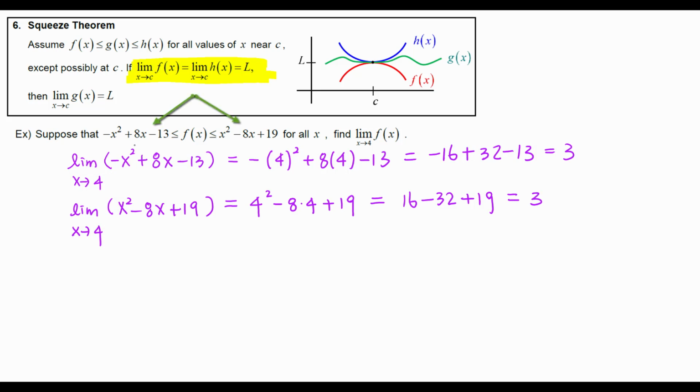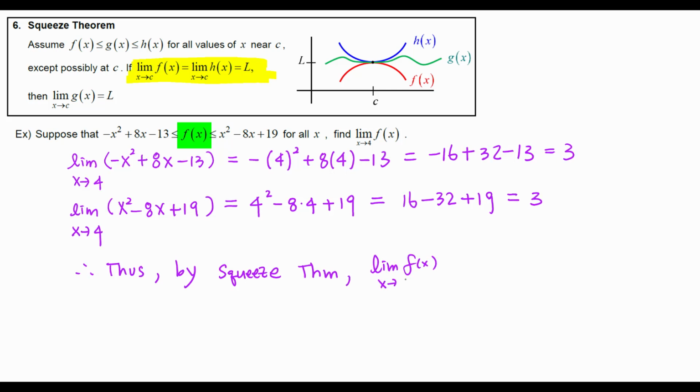And because the lowest function and the highest function both have a limit value of 3 as x approaches 4, then for the middle function, thus by the Squish Theorem, you make sure you say that on the test so that you are arguing by a known theorem. Thus by the Squish Theorem, the limit of f of x as x approaches 4 must also be 3. And that will be your conclusion.